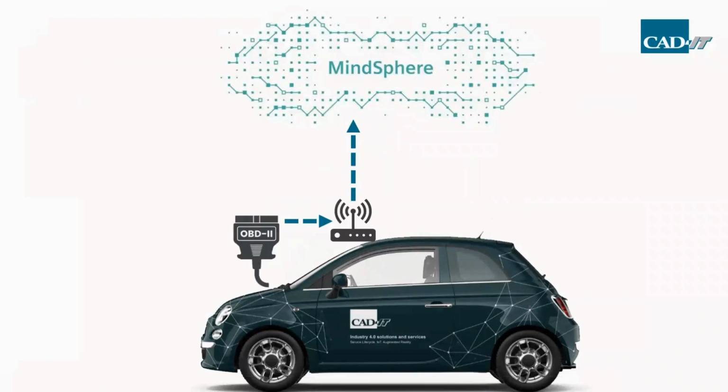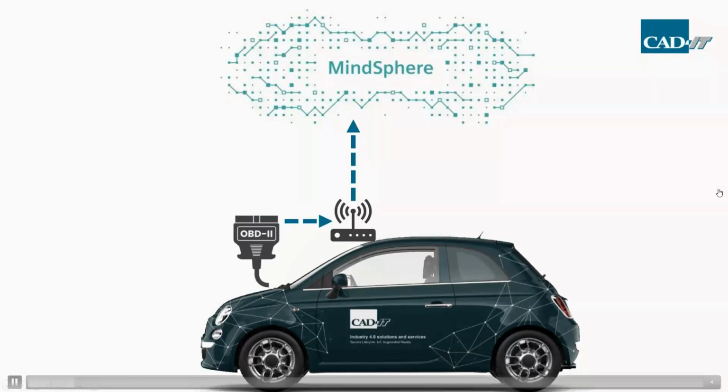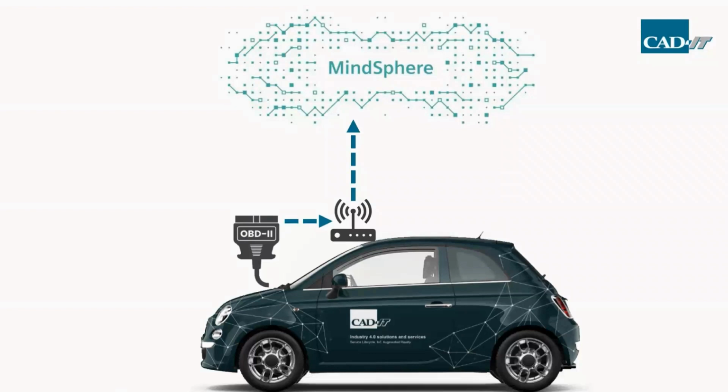Okay, so this first part really is just to introduce to you how the car is actually connected to the internet. So you can see from the diagram, hopefully, we have an OBD2 connector in the car. So there is a piece of hardware, we can call a gateway here, that is at one point connected to the internet, but also has a connection through an OBD2 cable into the car.